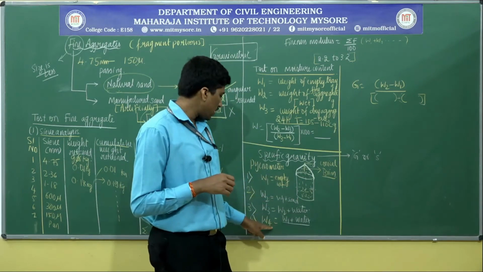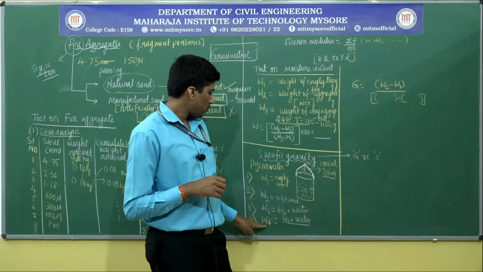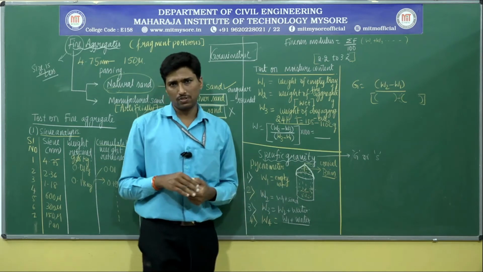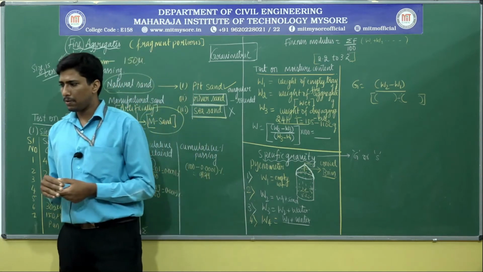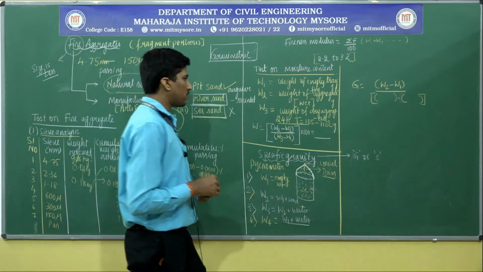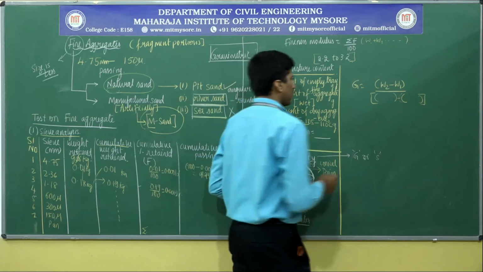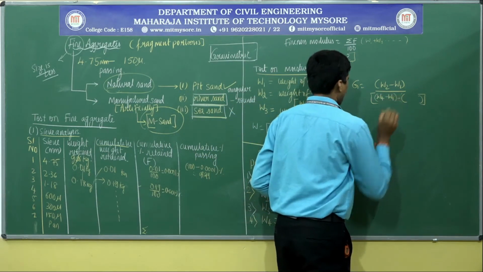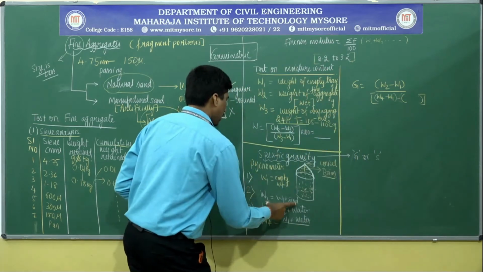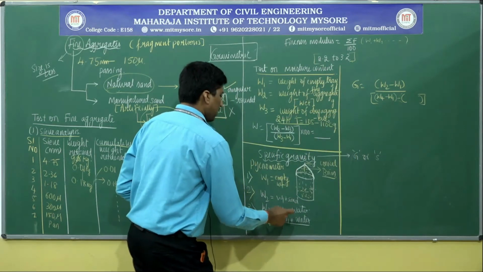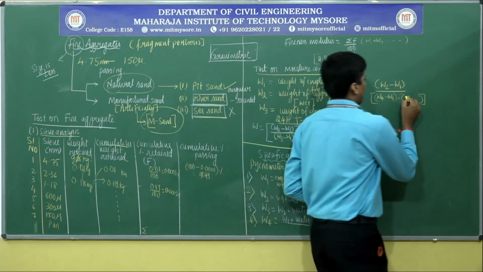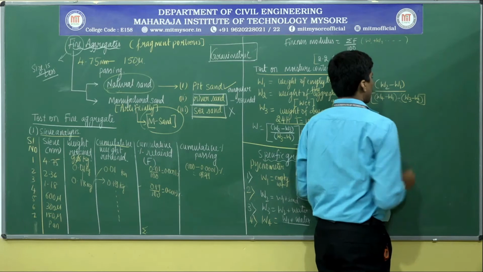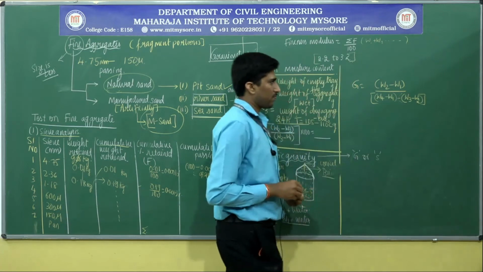So if you need to get the water content, you have W3, W4 and W2 also present. Therefore, for that purpose, W4 minus W1, you get the water, isn't it? W4 minus W1, and here W3 minus W2. So sand with respect to water you got.